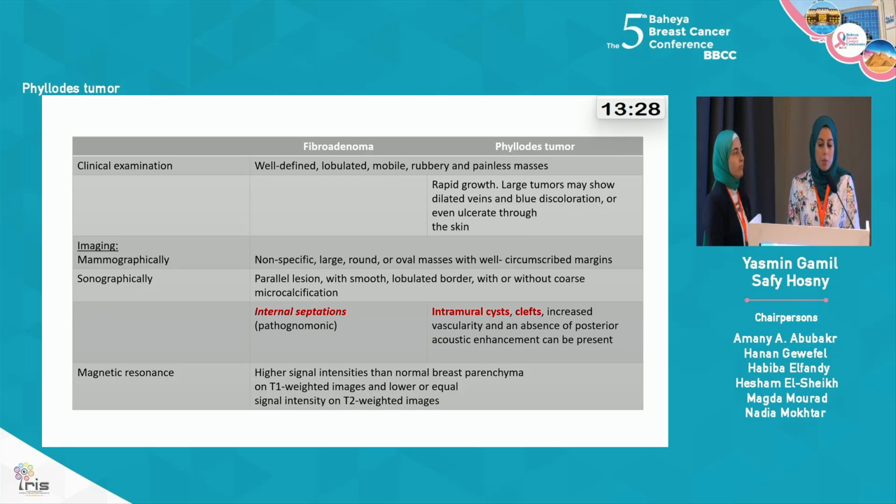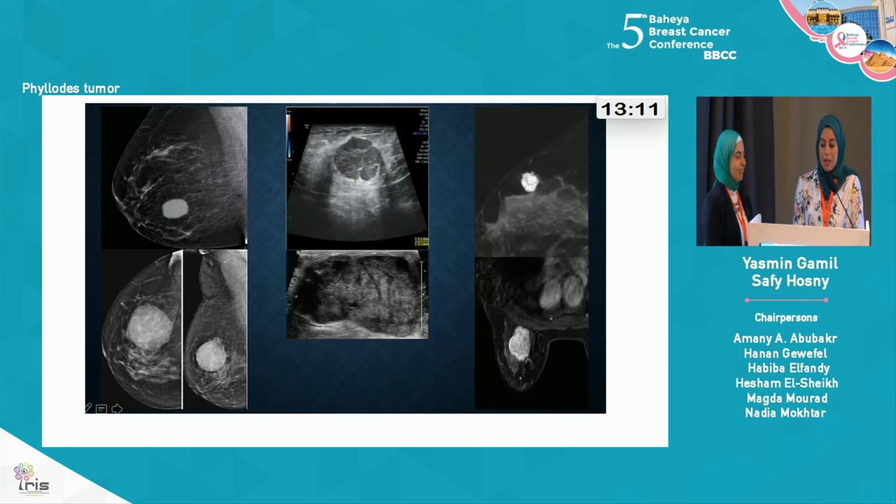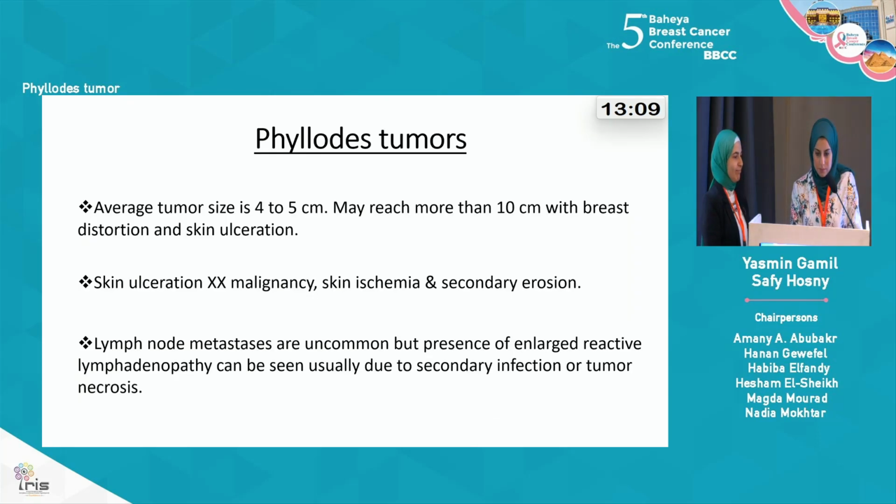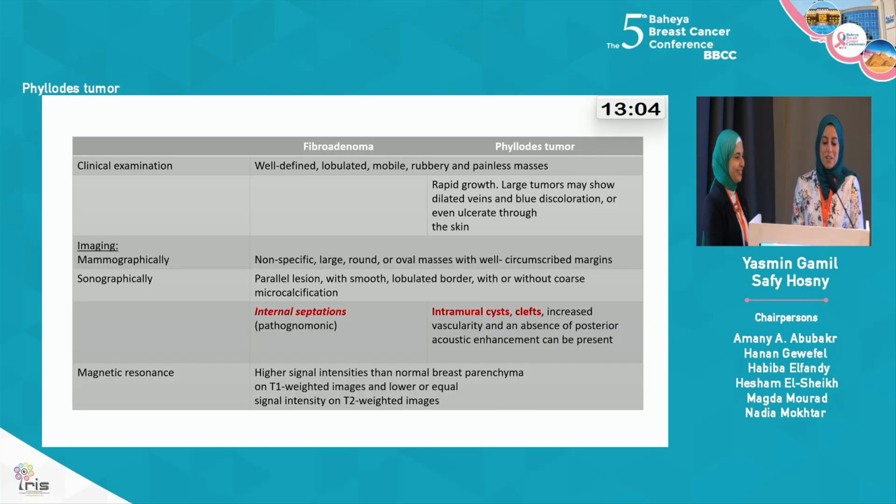On mammography, they are both large, round, or oval masses with well-circumscribed margins. On ultrasound, they are only distinguished by internal septations, and the Phyllodes tumor shows intramural cysts, clefts, and increased vascularity.